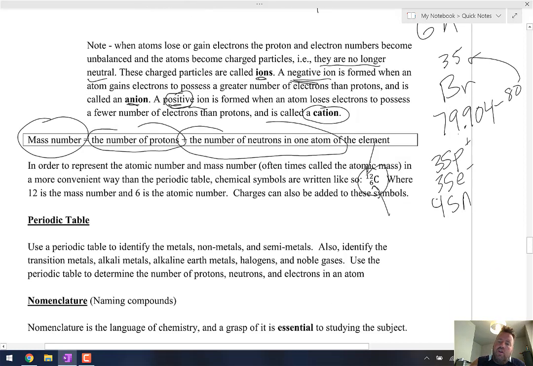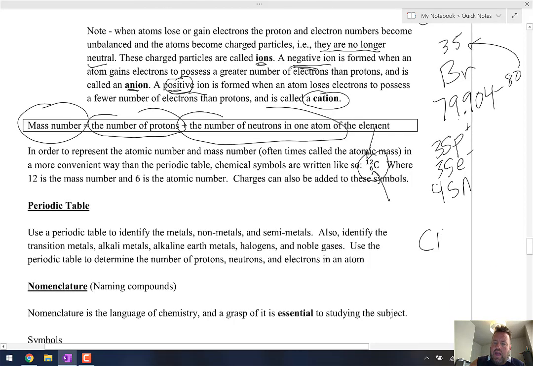If we look at, for example, Cl minus, if you're just told how many protons, neutrons, and electrons are in a chloride ion, you find chlorine on the periodic table and go, oh, it's number 17, so it has 17 protons. That negative charge means you've gained 1 electron.